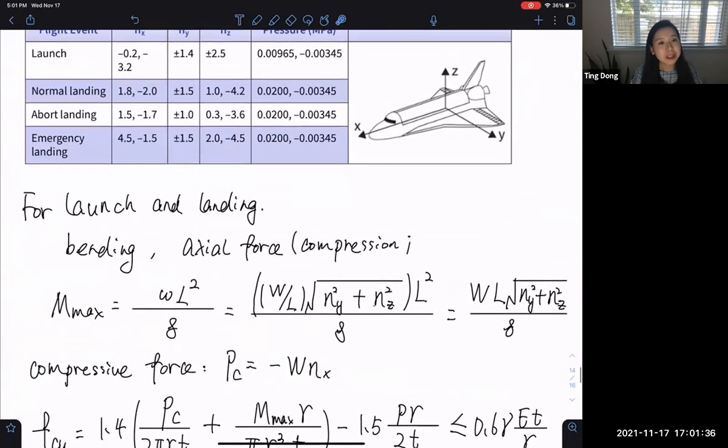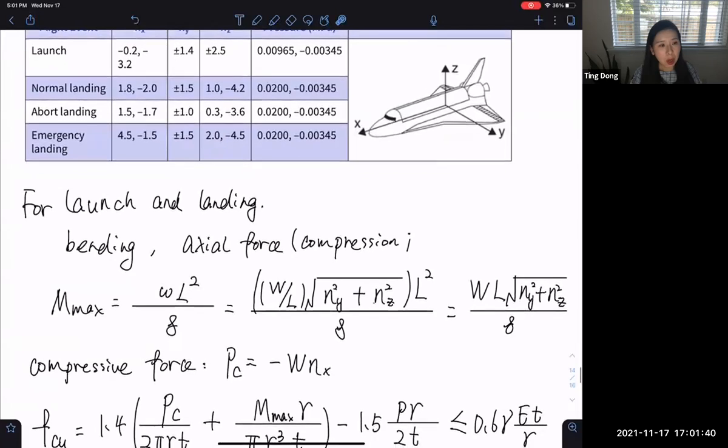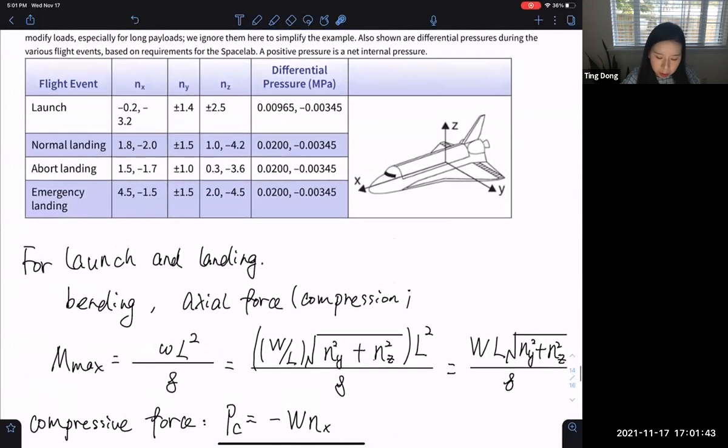So now this becomes a combined loading problem. First, the load factor in the Y and Z direction will cause bending. Let's assume that this is a pressure vessel, the spacecraft, the crew module they want to launch or land.